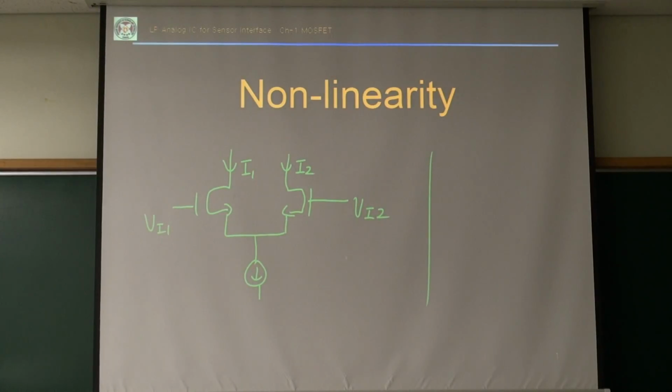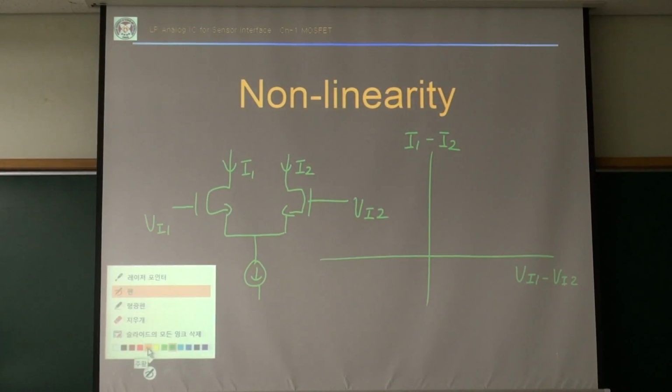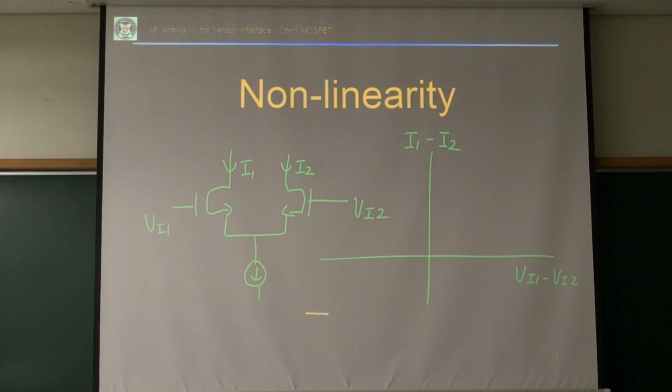If you plot I1 minus I2 with respect to VI1 minus VI2, then that curve looks like that. Say it is 0. This is ISS, right? ISS, minus ISS.